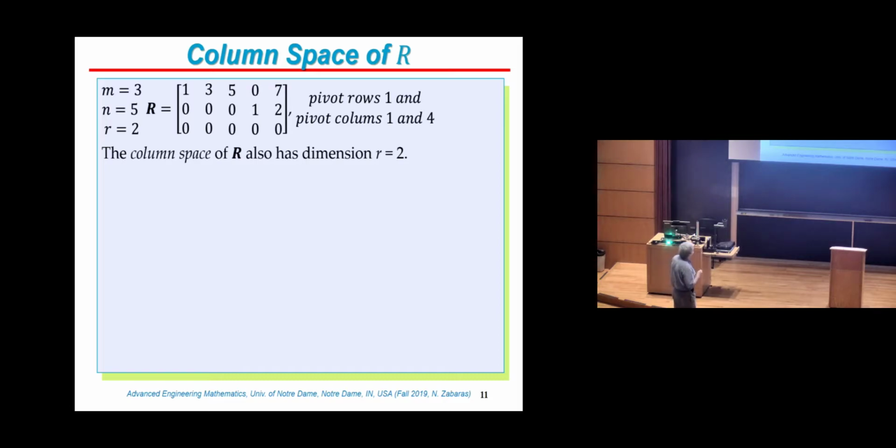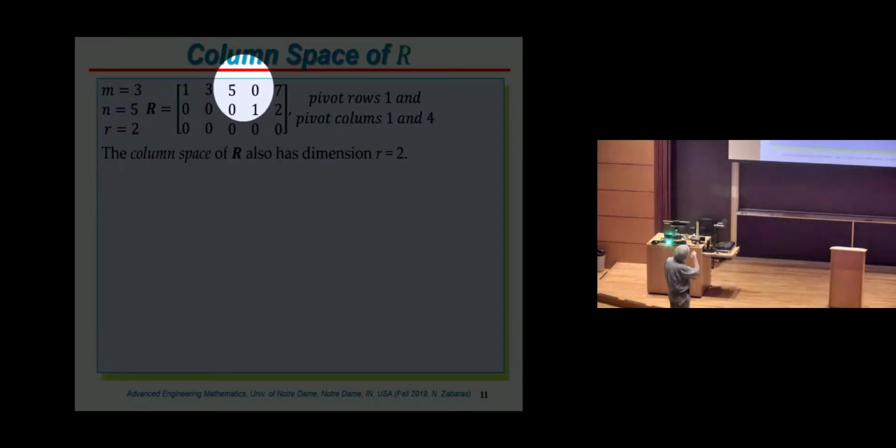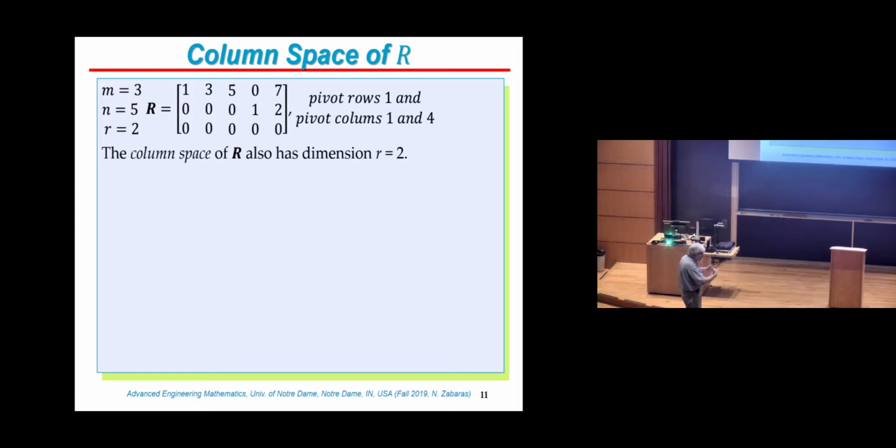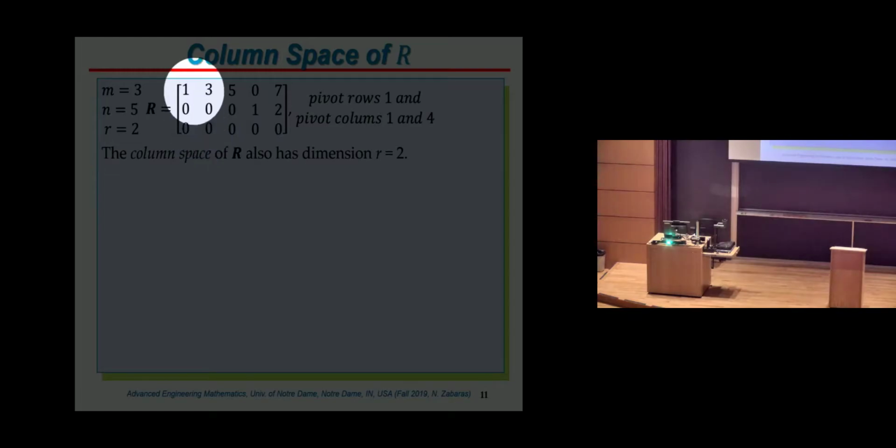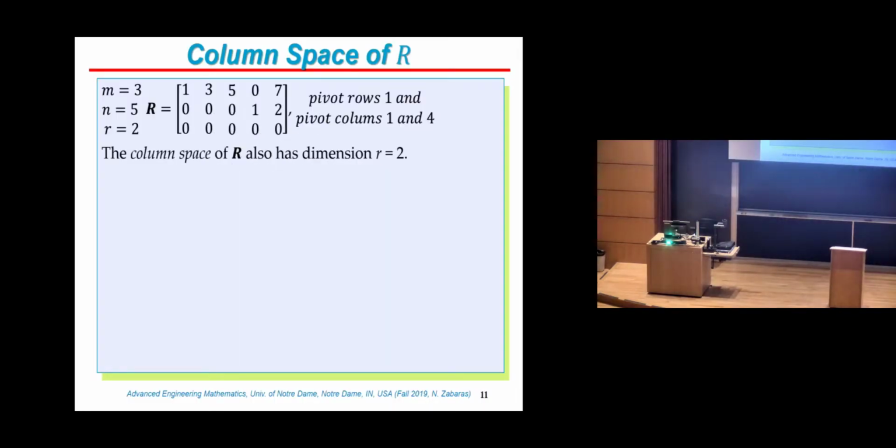If you want the column space of A, and that's really of interest here, you cannot take 1, 0, 0 and 0, 1, 0 as the column space of A, because these row manipulations that we did in the elimination process have affected the columns, okay? What has not changed is the fact that the first column and the fourth column are independent because they are pivot columns.